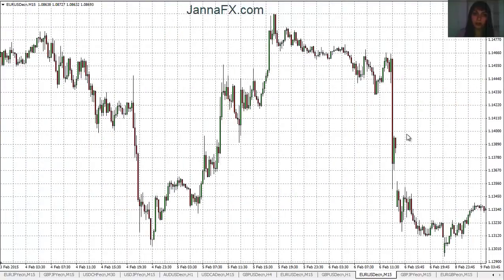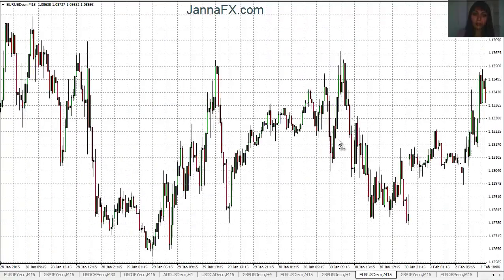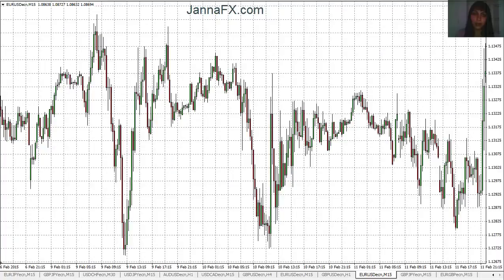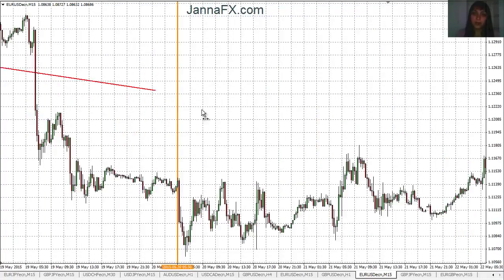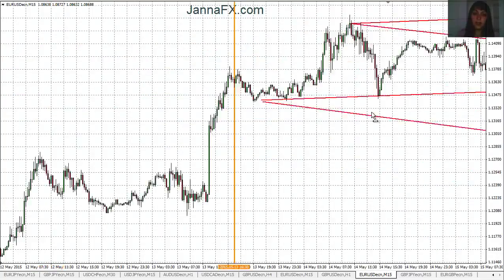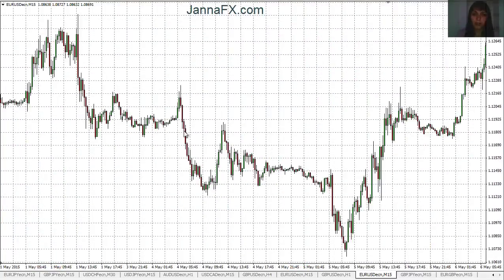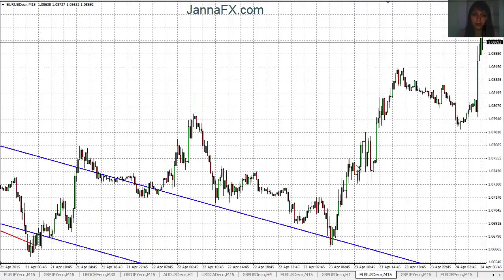Usually on 15 minutes, after the market moves very fast in one direction, like after the news, it can move really fast, and then at the end of the movement it can create a little triangle, which is called a pennant.